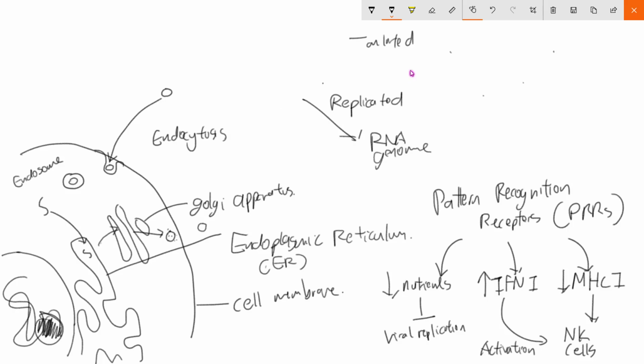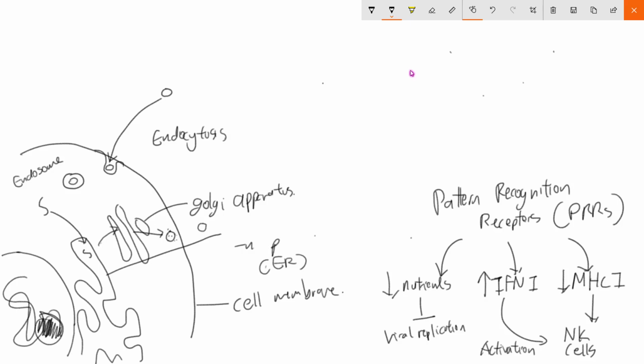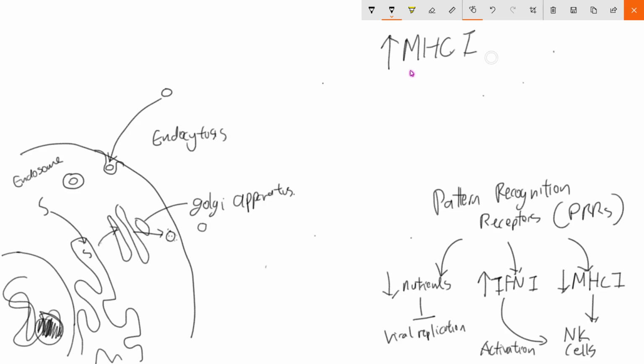But the Zika virus is unique, and it modifies the way the cell behaves in the Zika virus infection. So now let's talk about that. The Zika virus actually, instead of downregulating your MHC1, increases the expression of your MHC1 complexes.